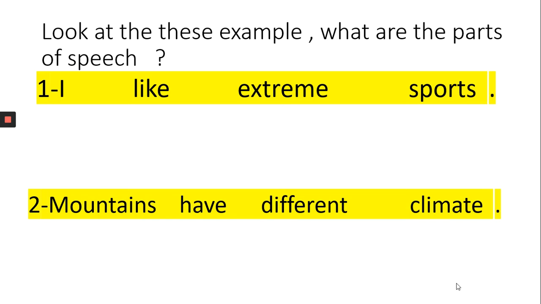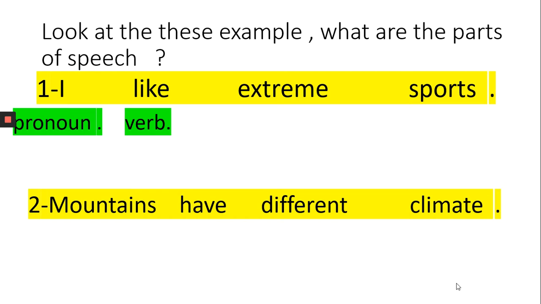Let's come to the first word, I. What do you think I is? Is it a noun? Is it a pronoun? Is it a verb? Very good. It's a pronoun. What about the word like? Very good. It's a verb. And the word extreme. We describe the sports as extreme sports.